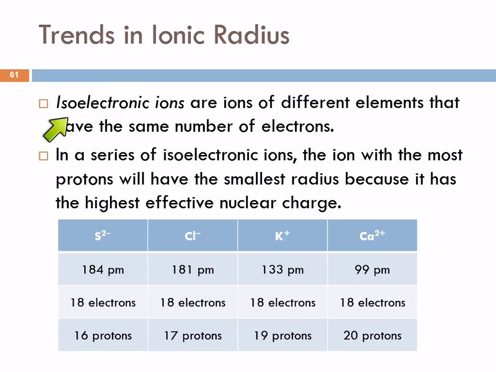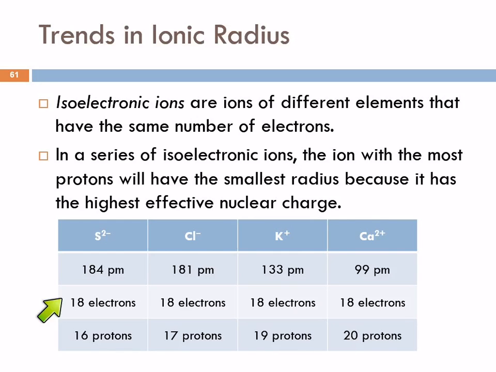When we talk about isoelectronic ions, iso is a prefix that means the same. And so isoelectronic, they have the same number of electrons. They are not the same atom, but they have the same number of electrons. So they have the same electron configuration. If we look at these guys, sulfide, chloride, potassium, and calcium, these guys all have the same electron configuration as argon.